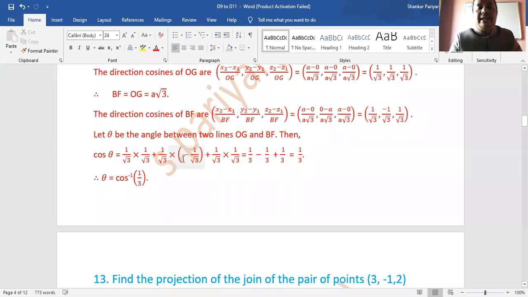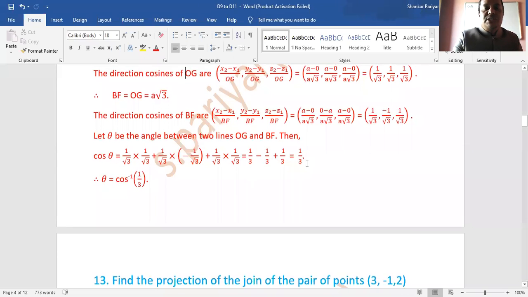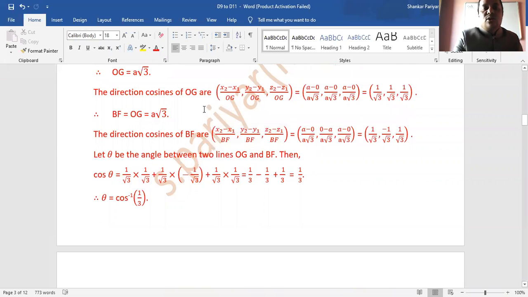Therefore, to find the angle between the two diagonals of a cube, just use the formula cos theta equals L1 L2 plus M1 M2 plus N1 N2. Then you can see in the question the direction cosines of OG are 1 by root 3, 1 by root 3, 1 by root 3.